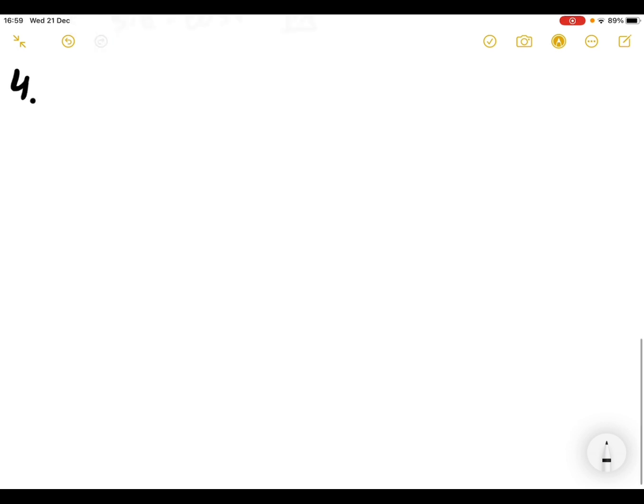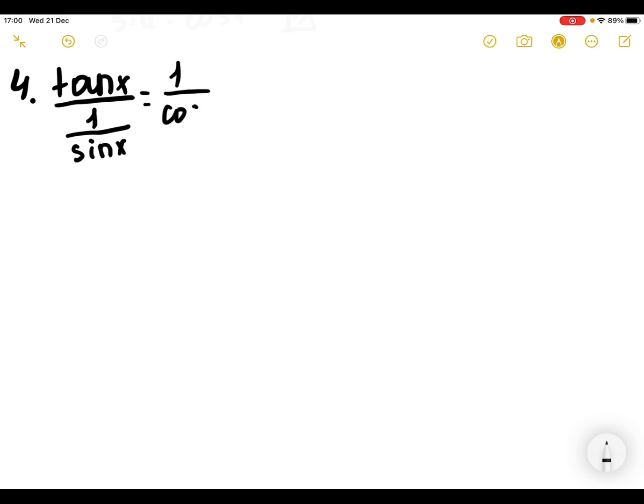And guys, our next example: tangent x divided by 1 divided by sine x equals 1 divided by cosine x minus cosine x. Let's work on the left-hand side. Tangent x divided by 1 divided by sine x.